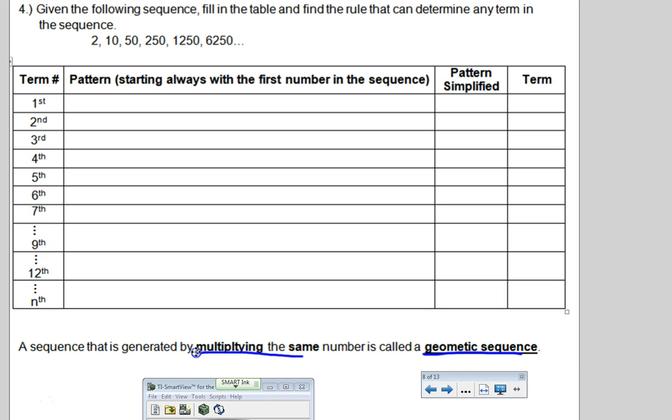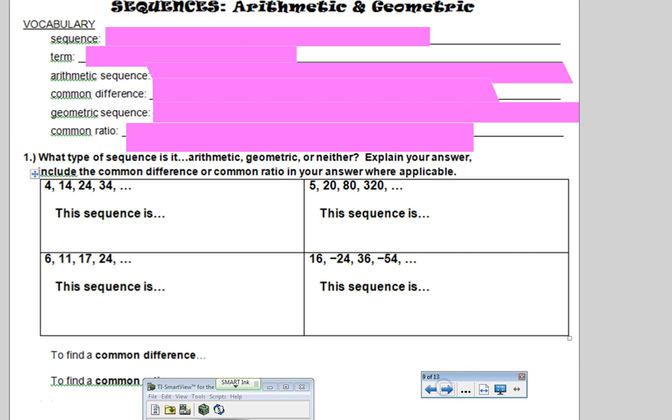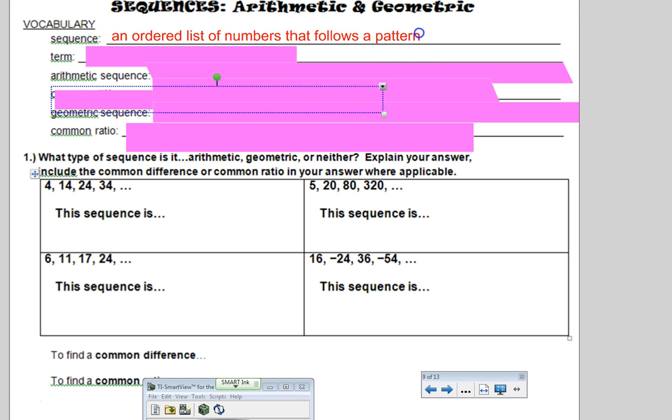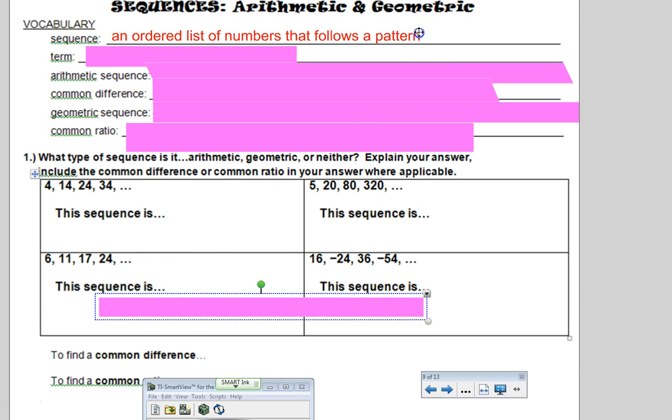Okay, so now we're going to do our 2 pages of notes. I blocked off the definitions. So we have a sequence. A sequence is just an ordered list of numbers. It's an ordered list of numbers that follows a pattern.